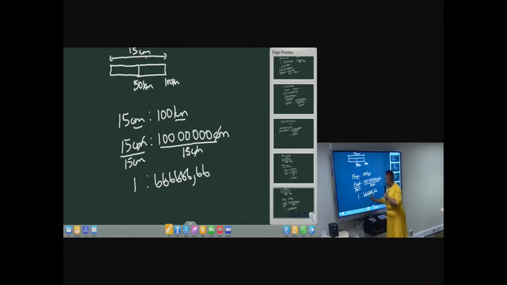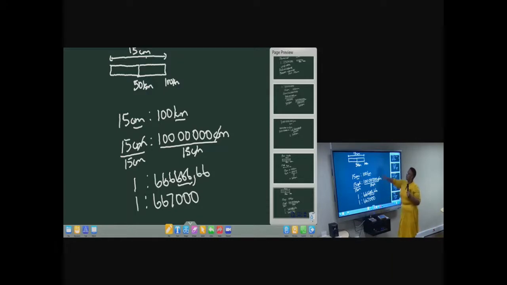I mentioned that on your whole number you look at the last 3 digits. In this case, the last 3 digits are 666. Half of 1,000 is 500. So if it is 500 and above, it changes to 1,000 and you add it to the next one. Now it is more than 500, so you will have 1 is to 667,000. That is your scale.